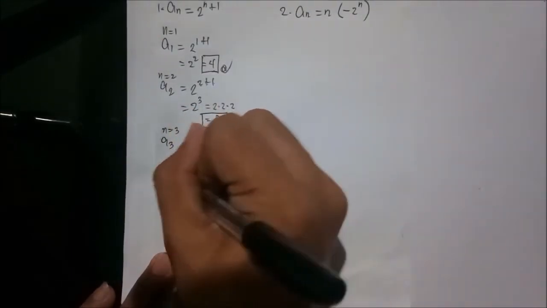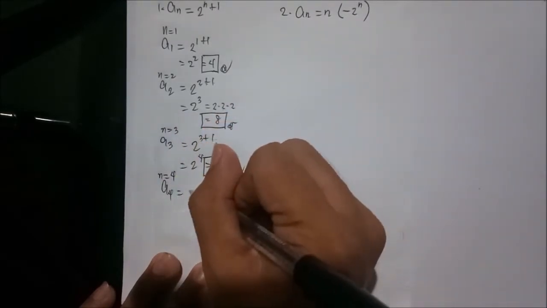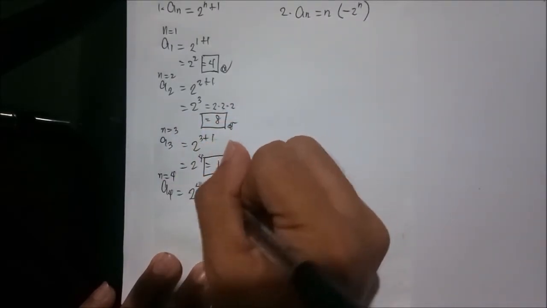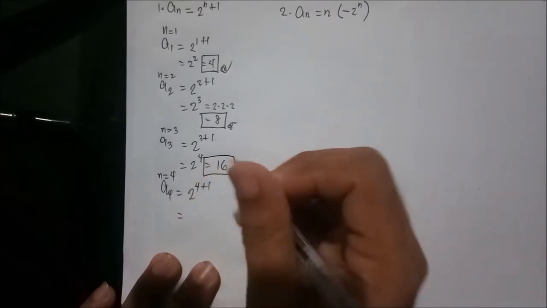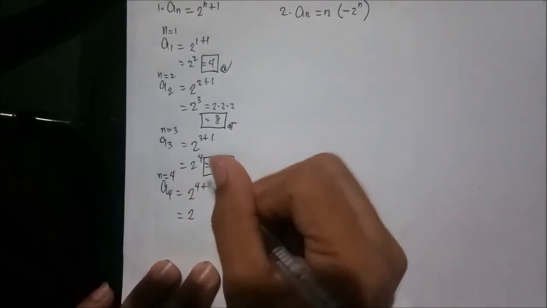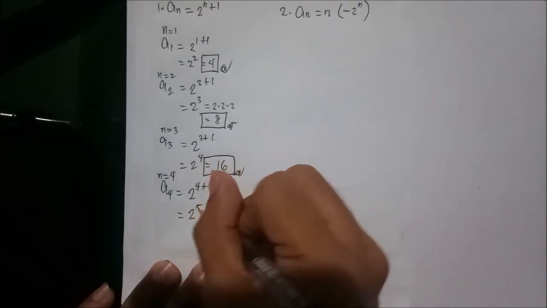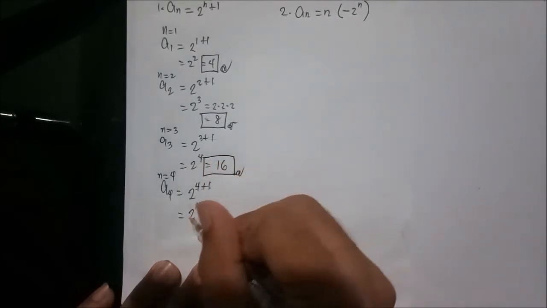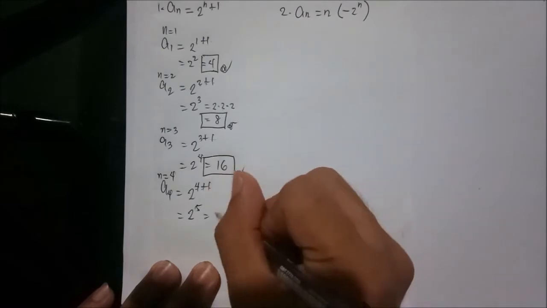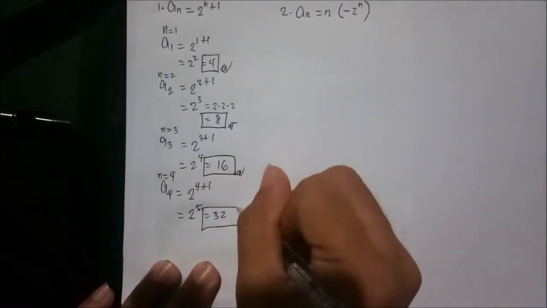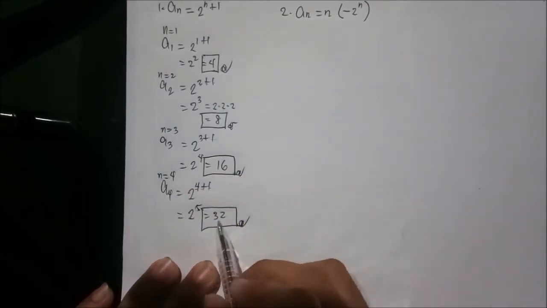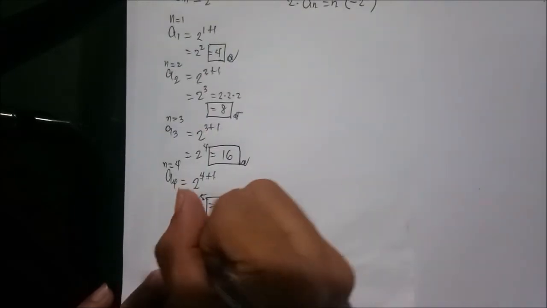What is the value of n? Equal to 4. 2 to the power of 4 plus 1, 4 plus 1 is 5. So 2 to the power of 5 equals 32. So the fourth term is 32.